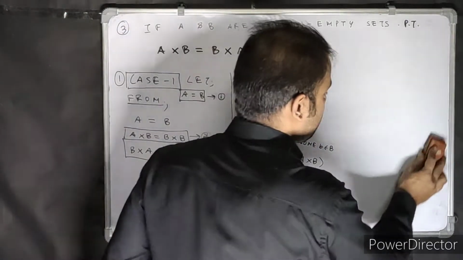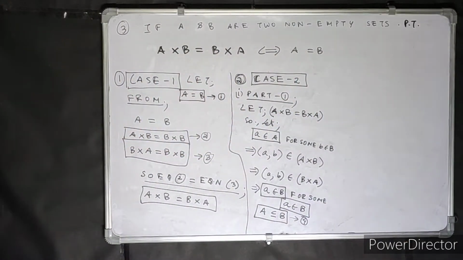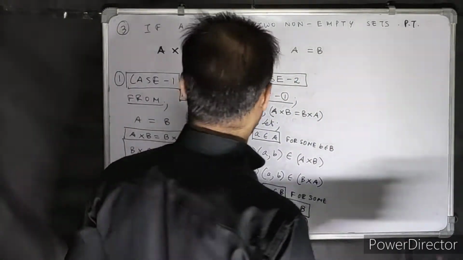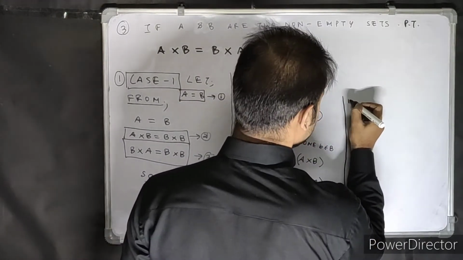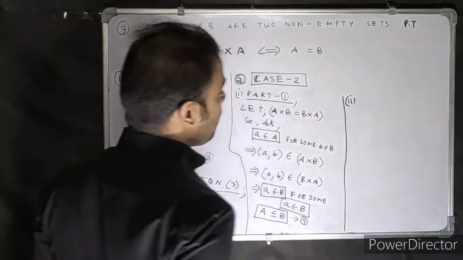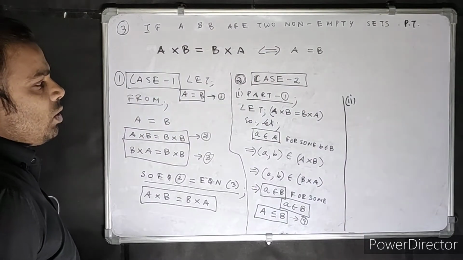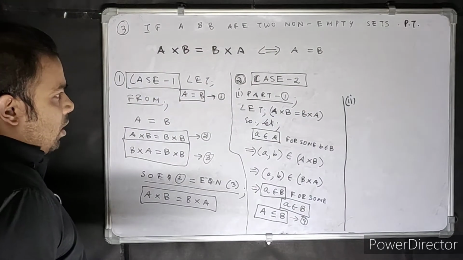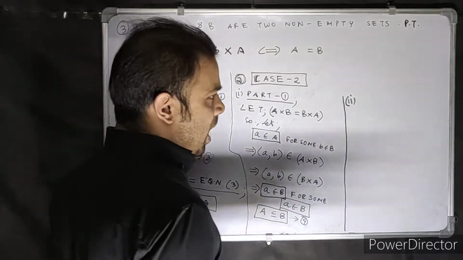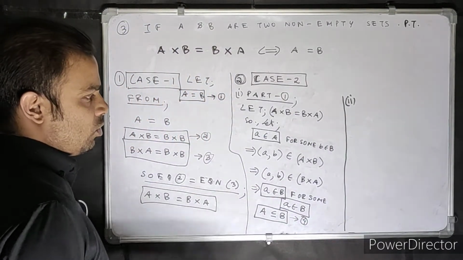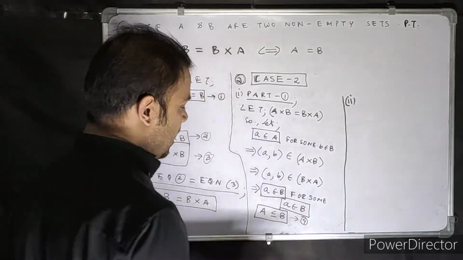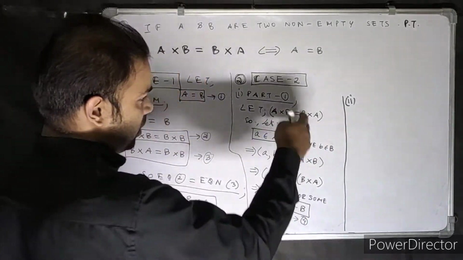Now let's do the part 2 of second case. Those of you who see that the marks are not very much, like 2 marks or something like that, don't do this part. This is enough. This is just the continuation of this.